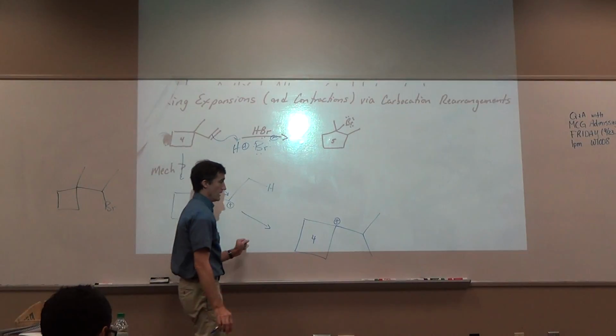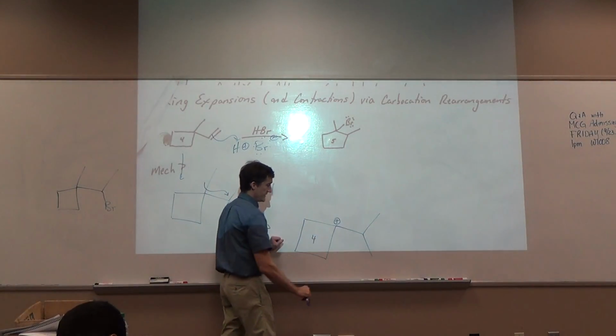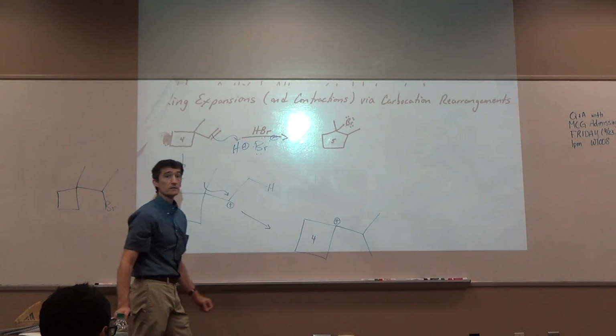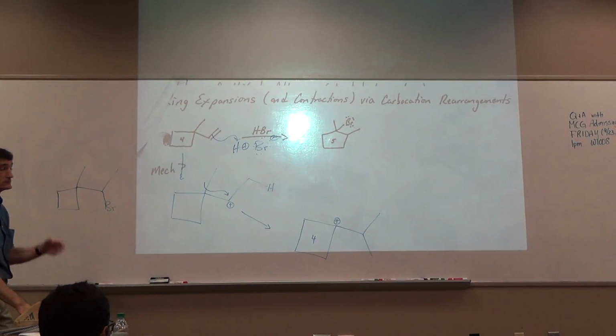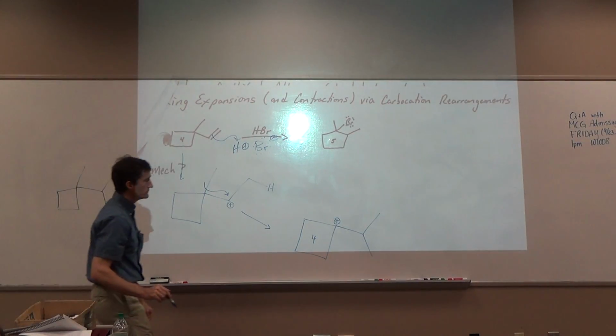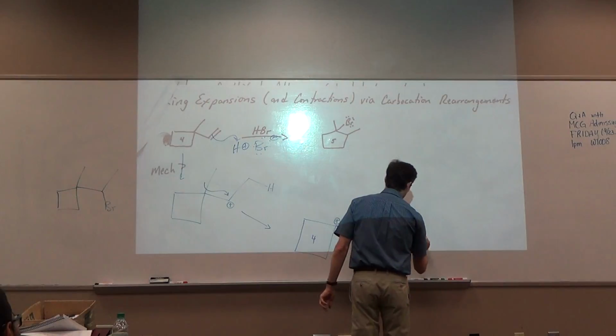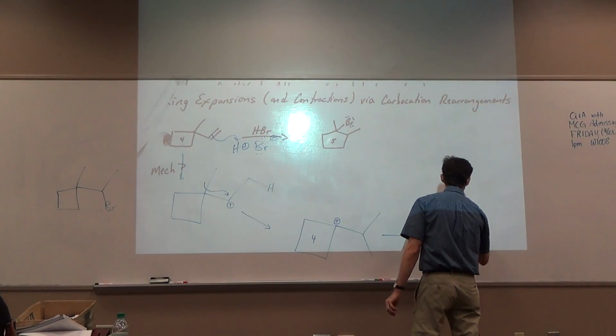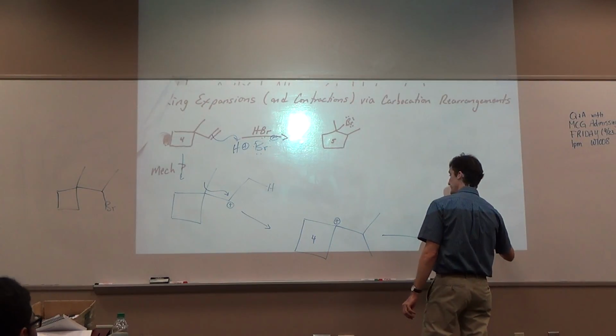If bromine attacked here, that would not give that product. So that's a possible product, but that's not the one shown. That product would be what?